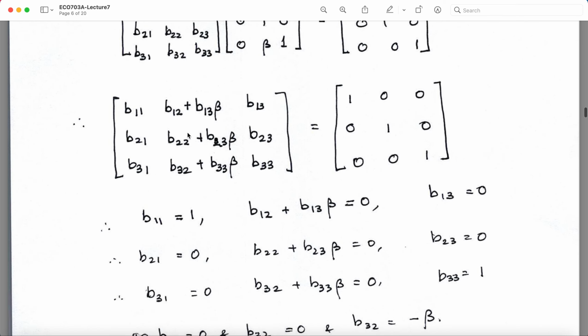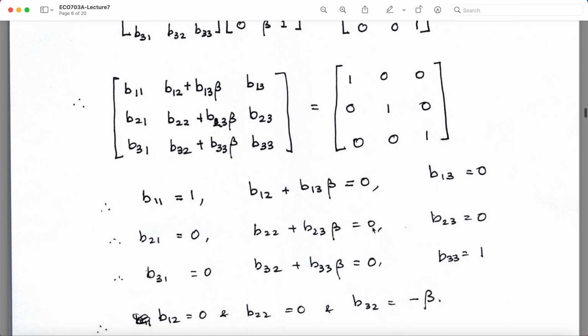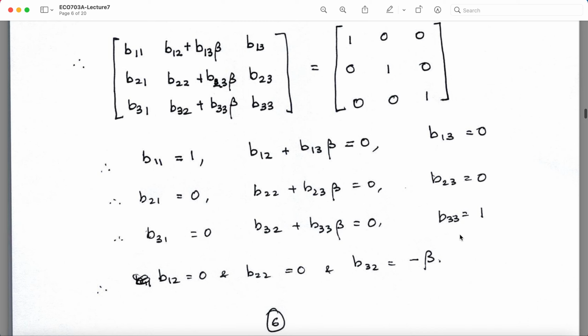B11 would be 1, B21 is 0, B31 is 0. B22 plus B23 beta would be 1. You see, I make so many errors in my calculation. So B23 is 0 and B31 is 0. This would be 0 and this B33 is 1.